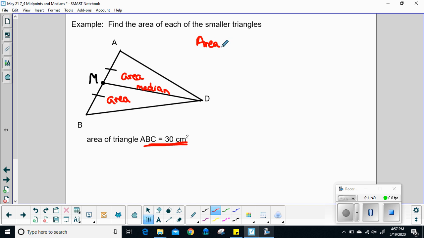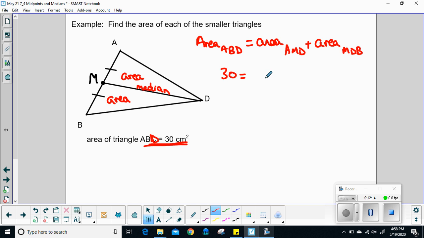So I know that the area of triangle ABD is equal to the area of AMD plus the area of MBD. And we divided it equally.